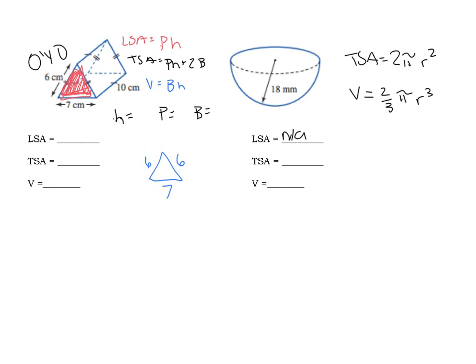Okay, so as you can see here, I already wrote that the lateral surface area is non-existent for a sphere or hemisphere, so I put NA. So all we have to find is the total surface area and the volume. Now I know the radius is in an odd position, but as long as it's not at the actual center, that is considered basically the height of it.